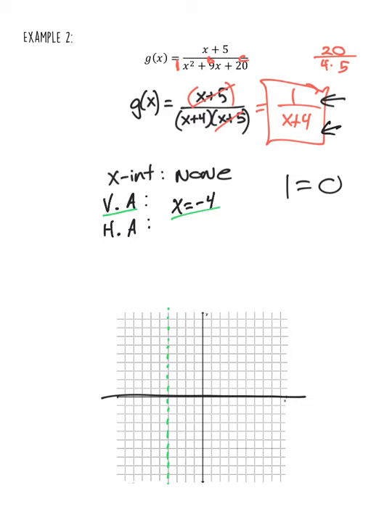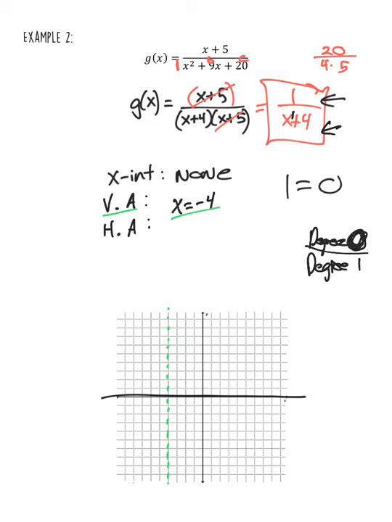Horizontal asymptote we find by looking at the degrees, okay? It's degree 0 over degree 1. I'm finding the degree by the exponent on the variable, right? So there's none in the numerator, which means it's degree 0.